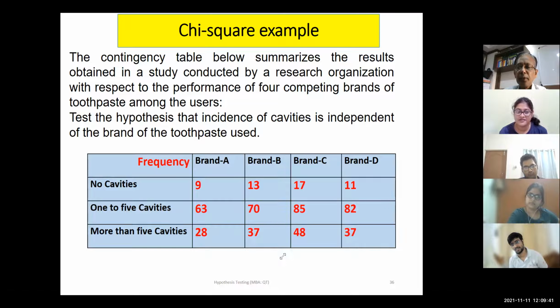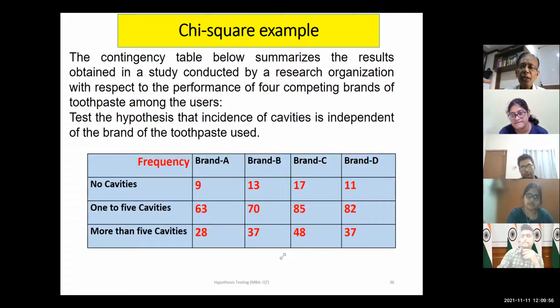Okay. Anybody else want to differ, Bhaskar? No, sir. I'm not sure, but is it like cavities is, any brand, it is not dependent on what brand we are using? It is independent. The answer is better than Samhita. See, usually what you find in ads, toothpaste companies give tall claims: use this one, it will do this, it will do that.